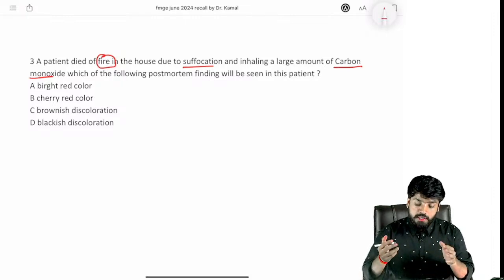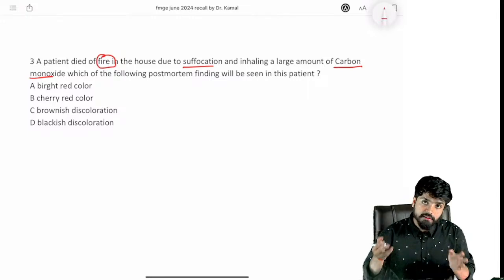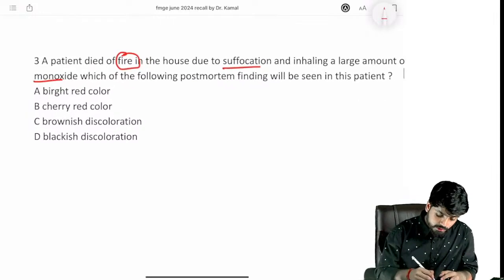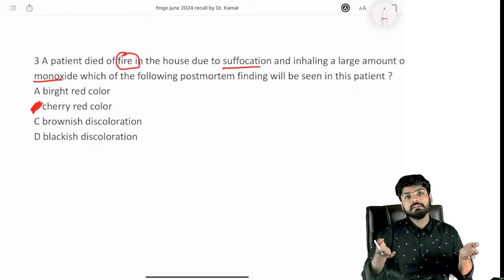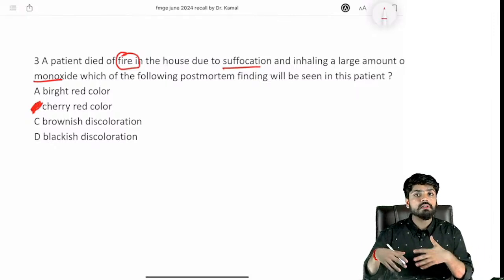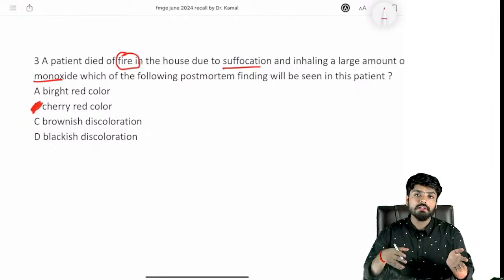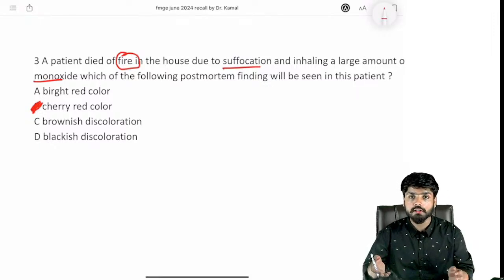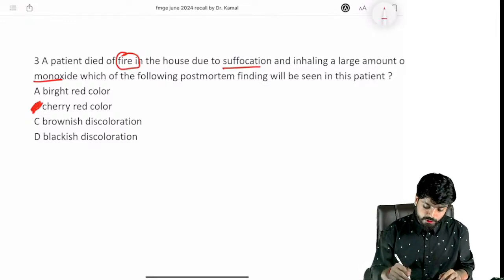In case of carbon monoxide, you have to remember that the color that we will find in the patient will be cherry red color. For example, if a patient died of suffocation in fire or something and someone tried to kill him and then dispose the body somewhere else, then you can understand that this is not a natural death just by the color of the skin in the post-mortem finding.